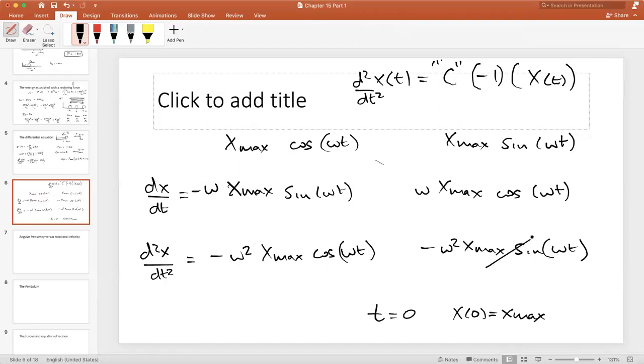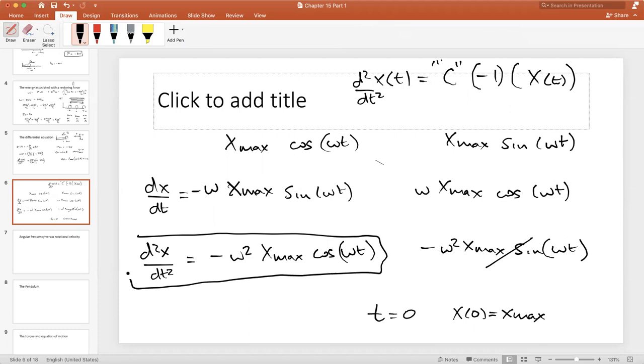We're going to assume that the sine function doesn't work, because if I put in a 0 here, I get 0. So it isn't adding anything here. We're just going to assume that we have some cosine of omega t. And this, it turns out, is what we want, okay?